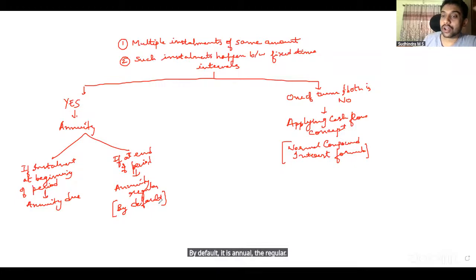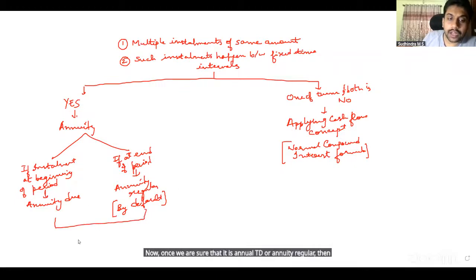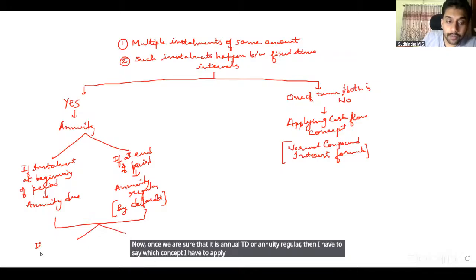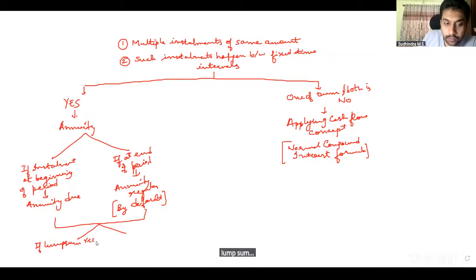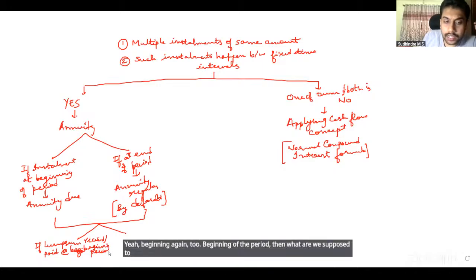Now, once we are sure that it is annuity due or annuity regular, I have to see which concept to apply. If the lump sum is received or paid at the beginning of the period, or today, then what are we supposed to calculate? Present value.